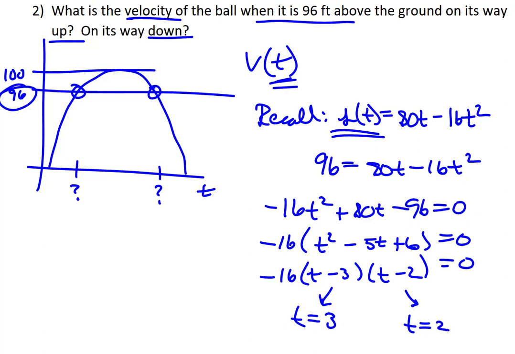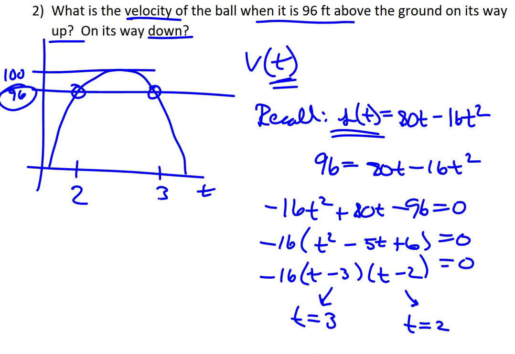Now in context, this makes sense. Remember, we're expecting the ball to hit this height of 96 feet two times, on the way up and the way down. What this tells us after solving this quadratic is that the first time must be the 2 and the second time must be the 3, just going in sequential order. So those are the times when the ball hits that height.